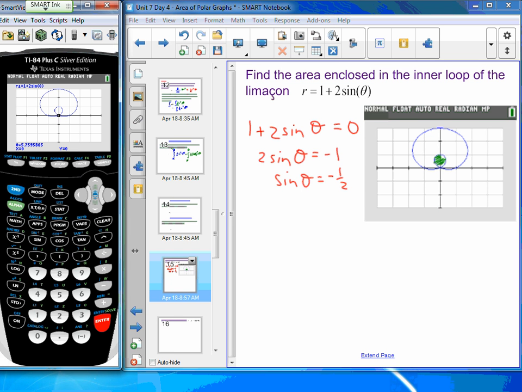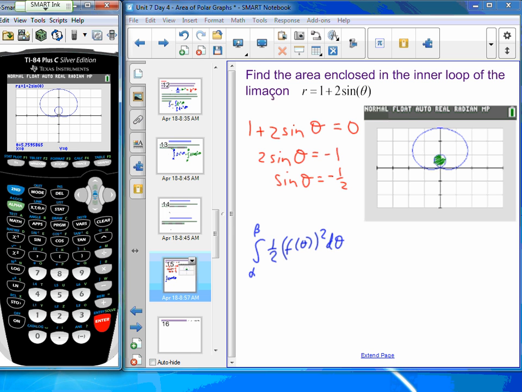All right, so now what are we going to do? Well, we have our limits. We know that the area in general of a polar curve, between the origin and that polar curve given by r equals f of theta, is the integral from lower limit to upper limit of 1/2 f of theta quantity squared d theta.